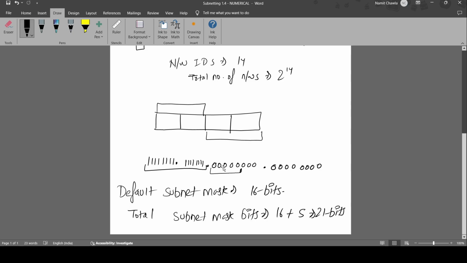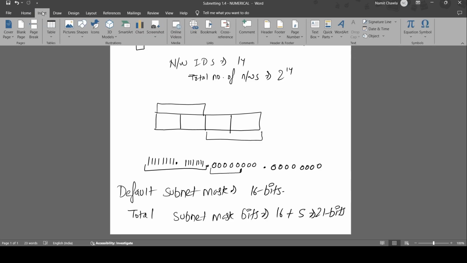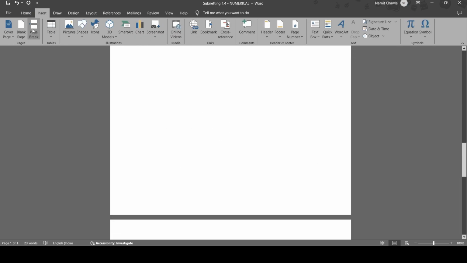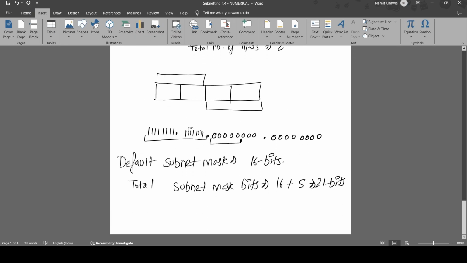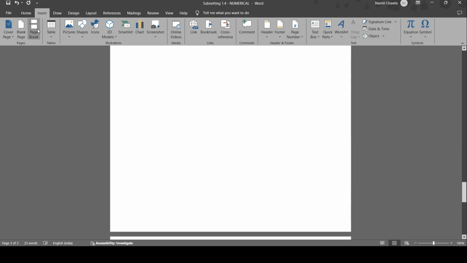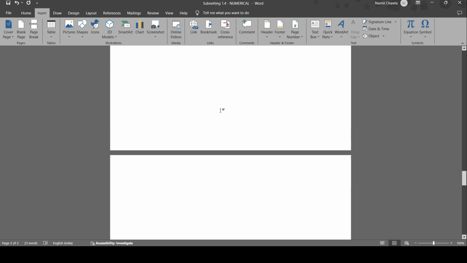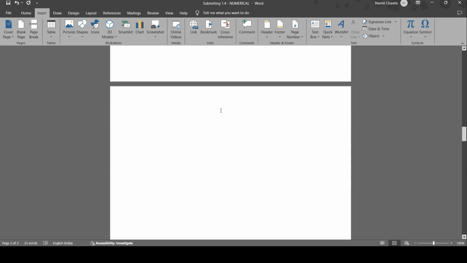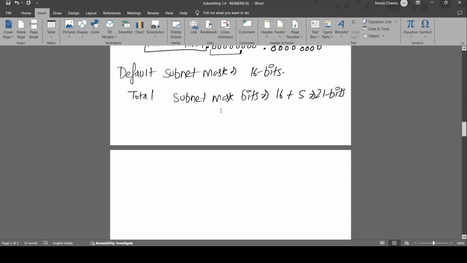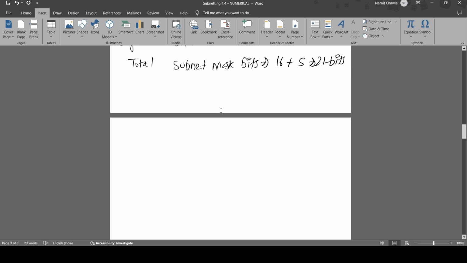Now, just give me a second, I need to insert a page break. Alright, so the total number of subnet bits is 21.